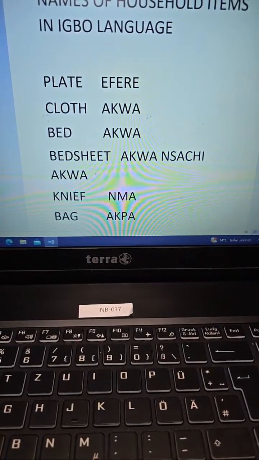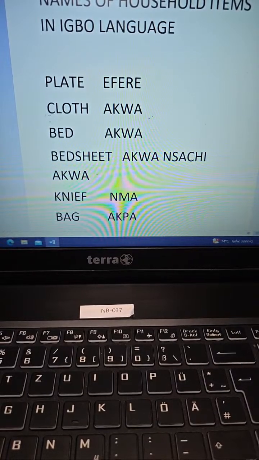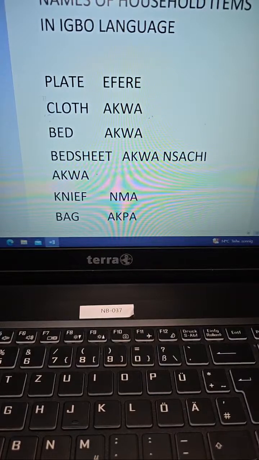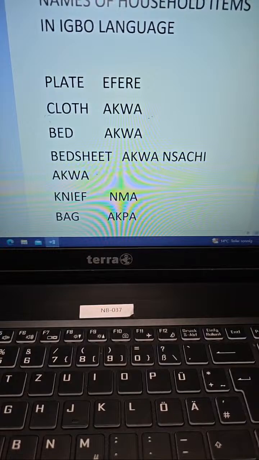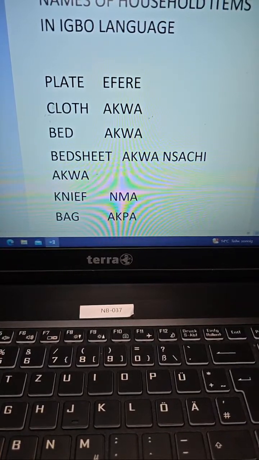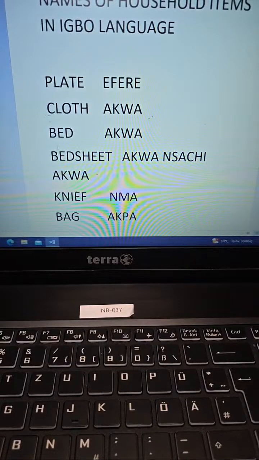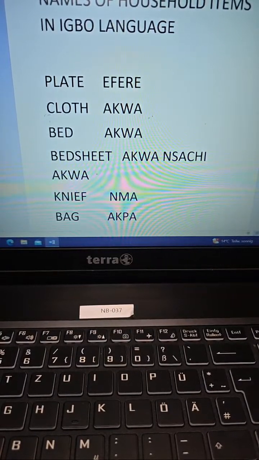I will start by saying efere, plate. Efere, plate. Akwa, clothes. Akwa, bed.